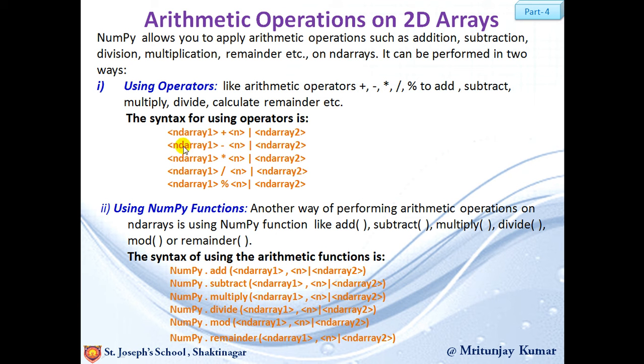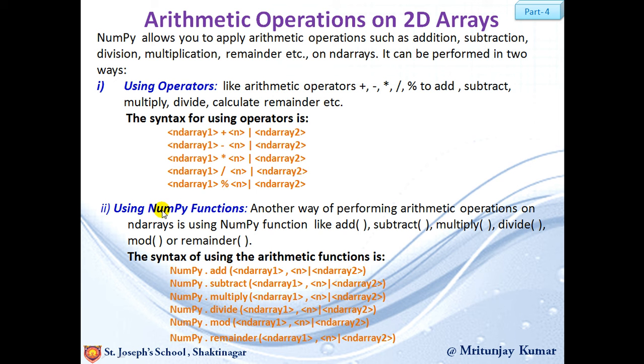You can see the syntax here: the array name plus n. n is an integer or numeric value that is added to each element of the array. Similarly, the various operators can be used between the array and n.